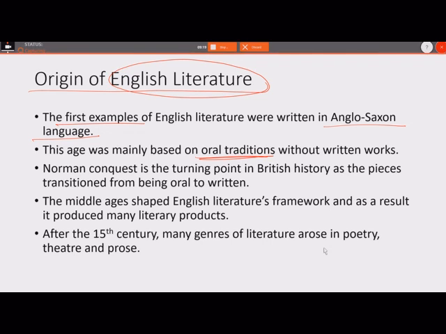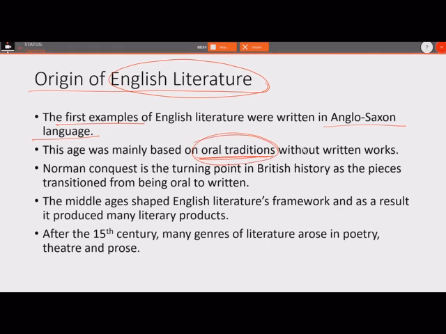Oral tradition plays an important role, because it developed as a form of song or poetry that people used to sing in earlier times as a form of encouragement, and also as a way of telling common people about their heroes. And so this oral tradition grew.